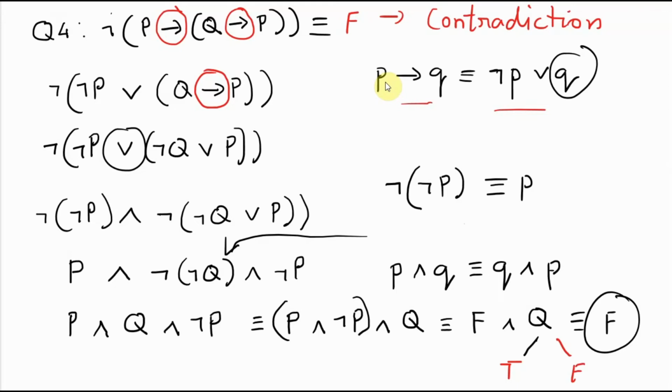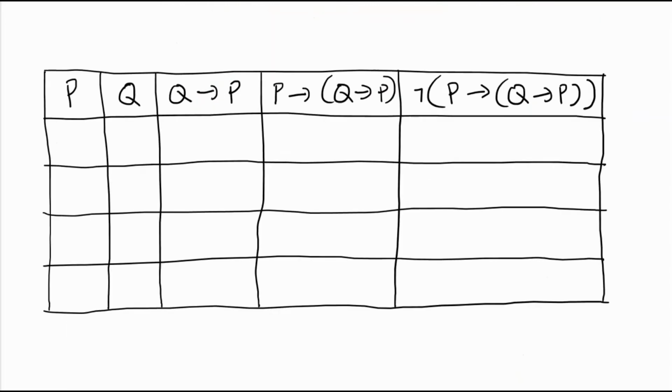And to verify our claim, we can go ahead and make a truth table and enter all the input combinations for P and Q, and see for ourselves whether this is a contradiction or not. So there are two variables, 1 and 2. So 2 raised to 2 is equal to 4 rows in the truth table.